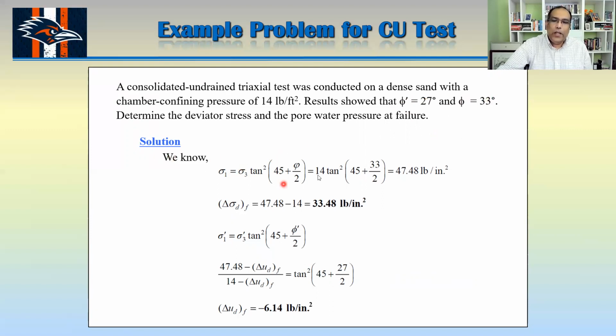Anyway, try to do that one here, where sigma 1 is equal to sigma 3 tan squared (45 plus phi by 2). So you can find sigma 1 from there. If you want to use the other equation, where phi is sine inverse of (sigma 1 minus sigma 3) divided by (sigma 1 plus sigma 3), you can also find your sigma 1 from there.